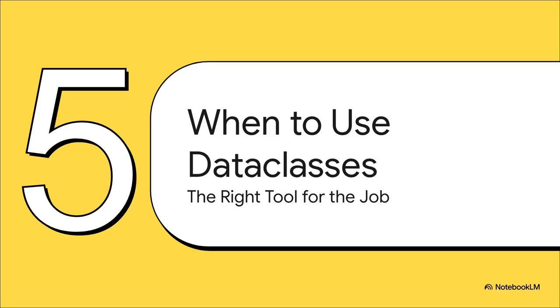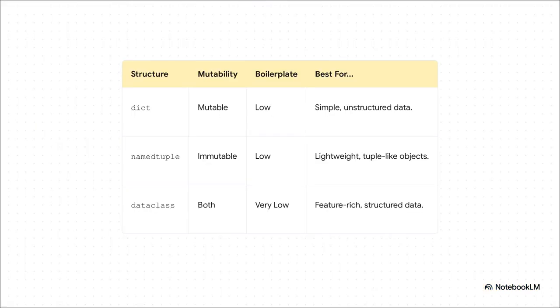So, with all this power and flexibility, you might be tempted to just use data classes for everything. But, being a great developer is about choosing the right tool for the job. So let's talk about when to reach for a data class and when something else, like a simple dictionary or a named tuple, might actually be better. This table really lays it all out.